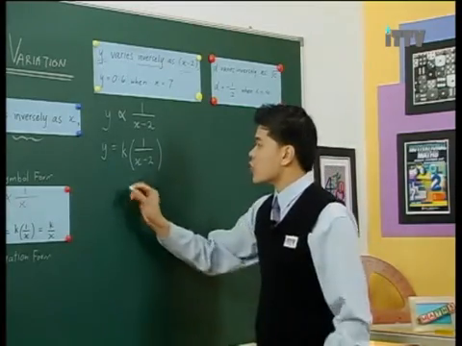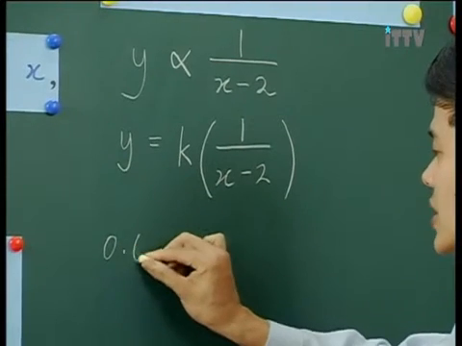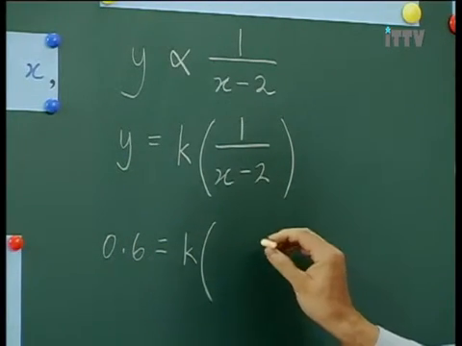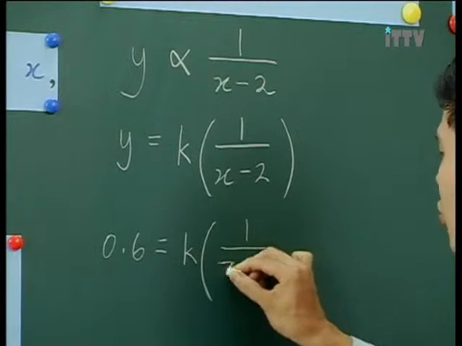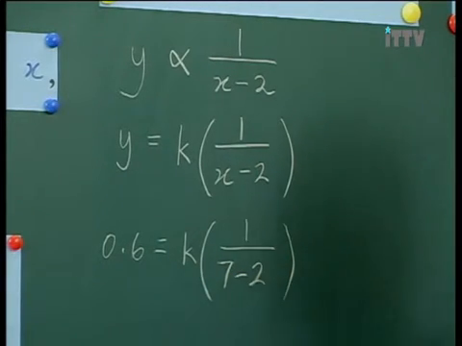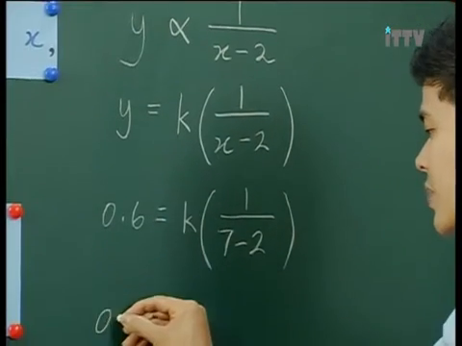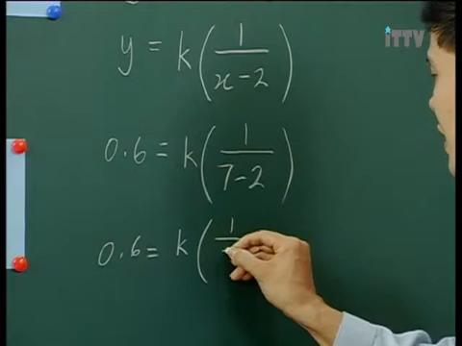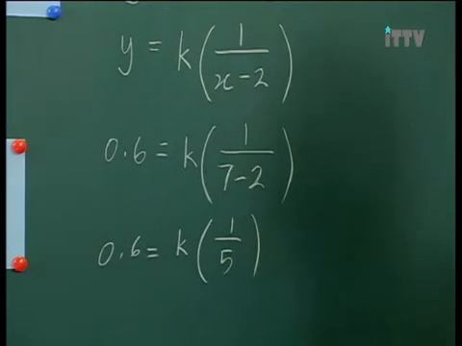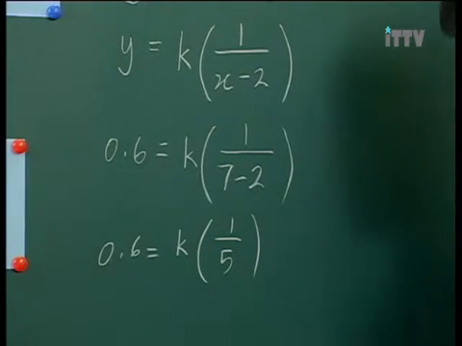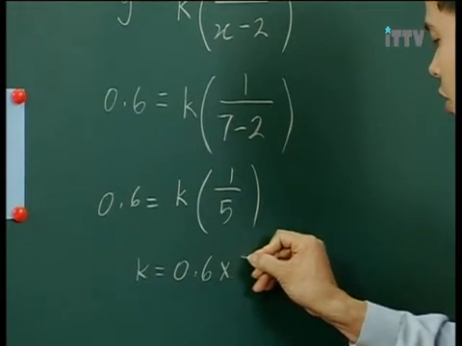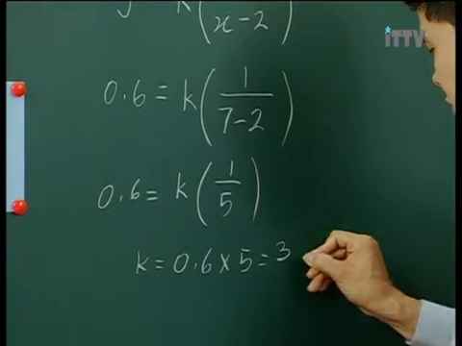When y is 0.6, as given in the question, x is 7. So 0.6 equals k over 7 minus 2. We can simplify: 0.6 equals k over 5. Now, k is 0.6 multiplied by 5, which is 3.